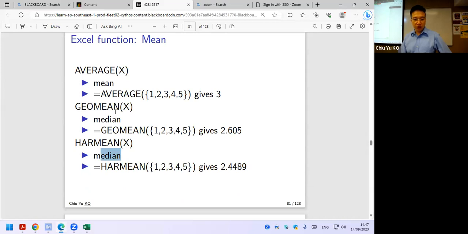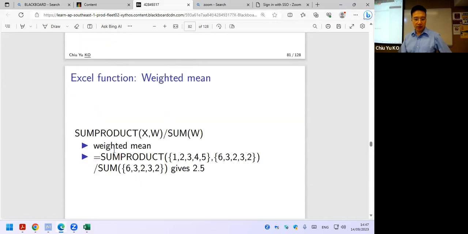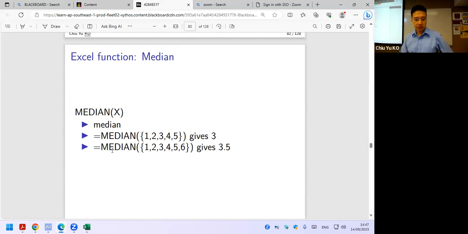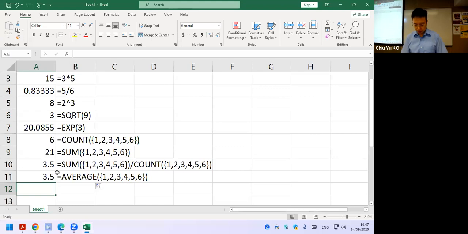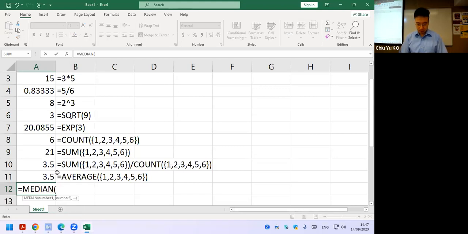I'm not going to go about geometric mean and harmonic mean, but I want to refer to median, because we learned mean, median. So let's do median. 1, 2, 3, 4, 5, 6.